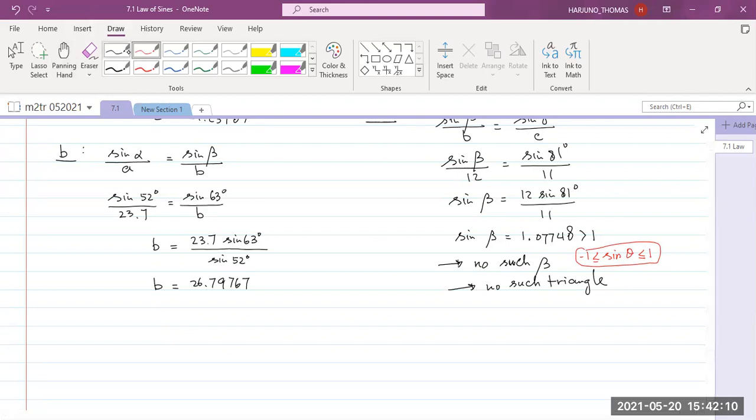Number 13. Alpha equals 47 degrees 20 minutes. Let me just make it 47.3333 degrees.